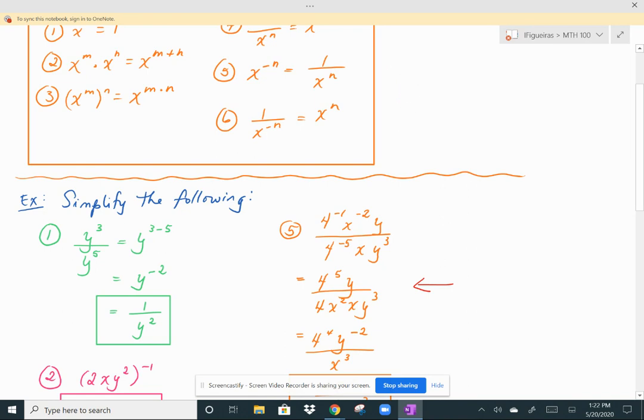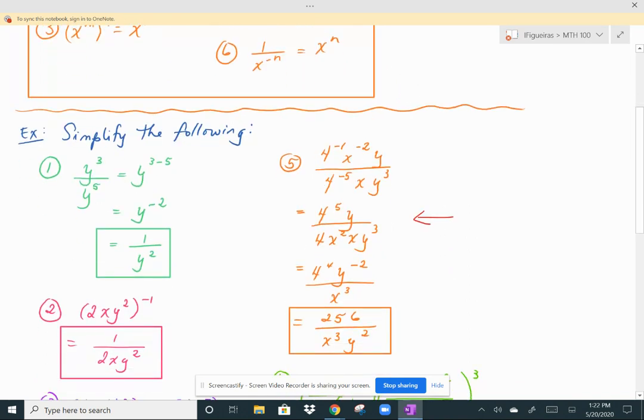And what that does for you is that you eliminate all of the negative exponents. So 4 to the negative 1 goes to the denominator as just 4. 4 to the negative 5 goes to the numerator as 4 to the positive 5. I did the same thing with x to the negative 2. That went below as x squared. And all the other expressions stayed in the same position because they did not have negative exponents.